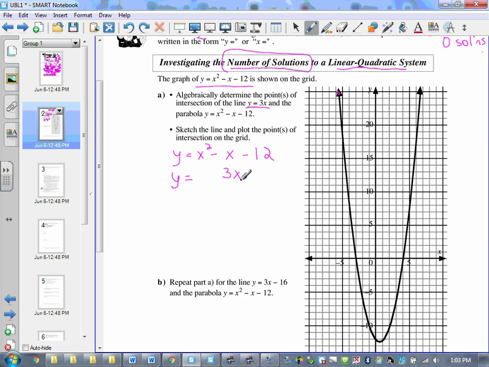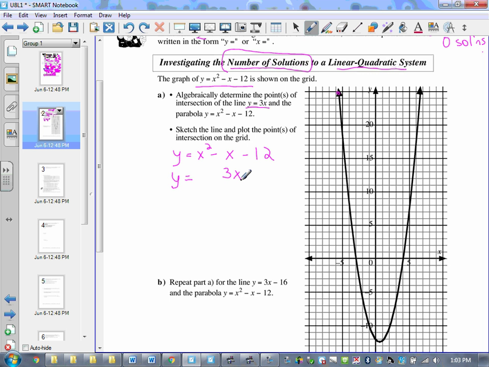I'm going to stack them like this, so that we've got like terms underneath each other.